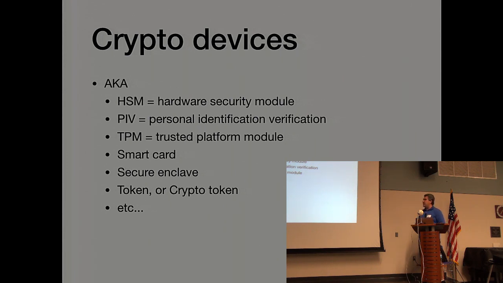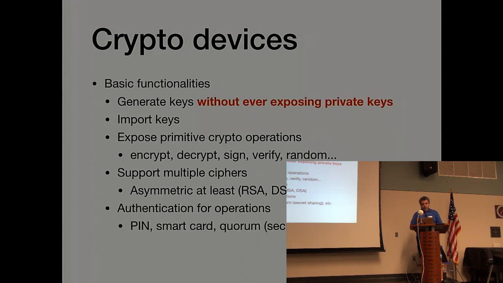Smart card is another name which is pretty common. Secure enclave, Apple started using that name. Token or crypto token, etc. I'm pretty sure that if I start seeing other implementations, people will come up with different names, but essentially they are all the same thing. They all provide the same functionality.